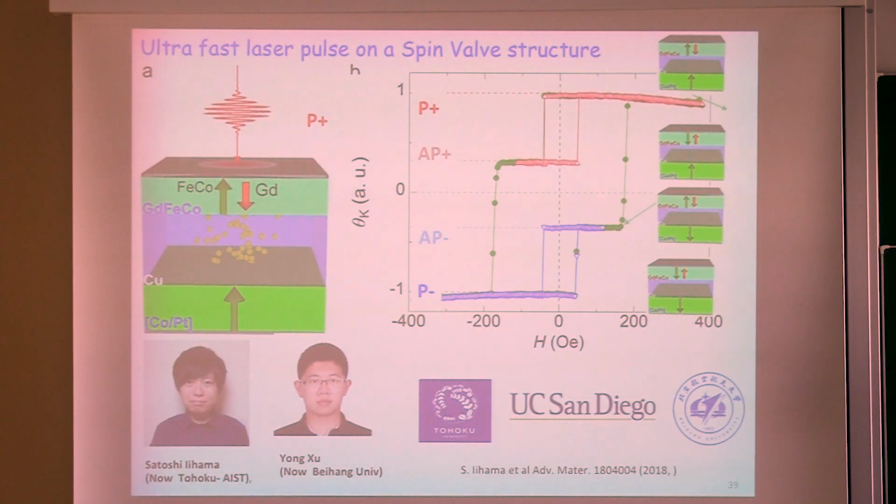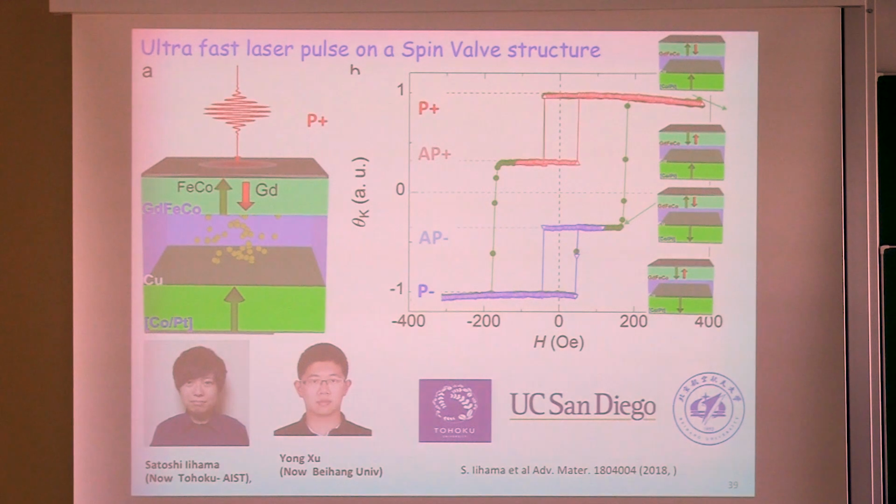This copper thickness, we will see exactly the same effect if we go from a few nanometer to about 20 nanometer. We did the hysteresis loop at room temperature, and those minor loops tell us that there is no exchange coupling between the gadolinium and cobalt and the cobalt platinum. And this is very important, that we could observe no exchange coupling, and there doesn't seem to be any dipolar interaction.